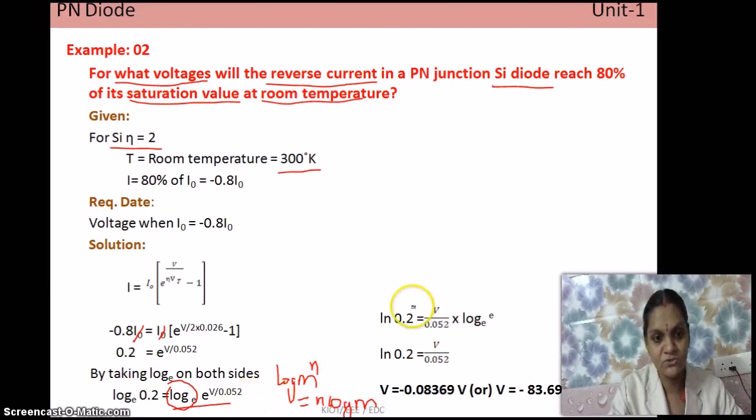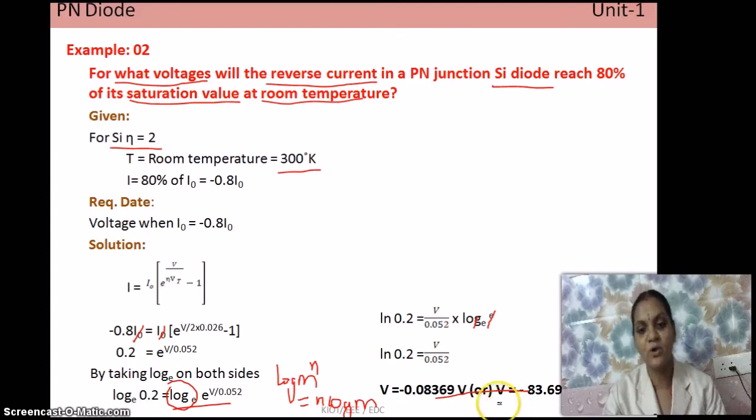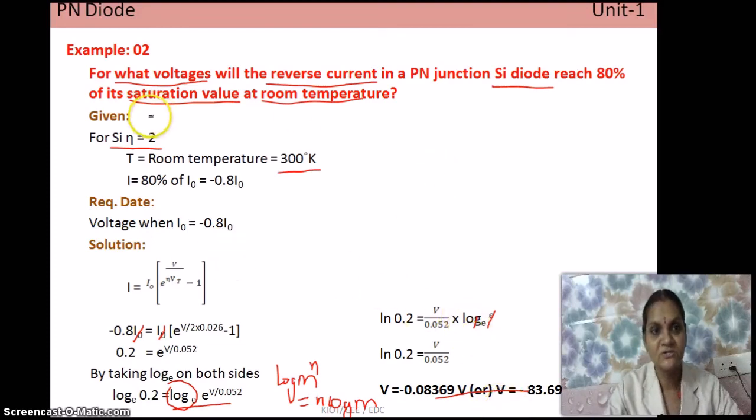So V by 0.052 into log e base e. Log to the base e gets cancelled. So this is the value. So to find V, if I multiply this, you will get the value as minus 83.69 millivolts. So what they are asking here is, for what voltage will the reverse current go to 80% of the saturation current? So the answer is minus 83.69 millivolts.